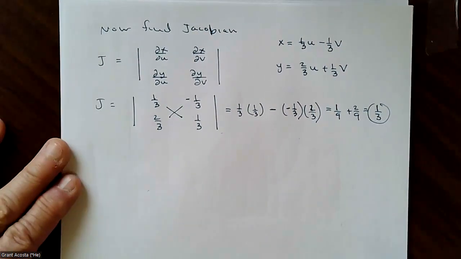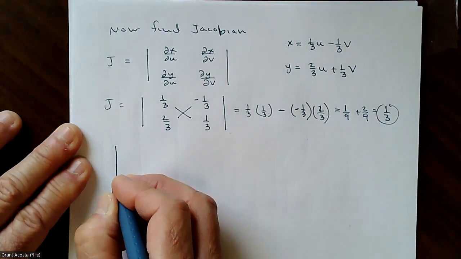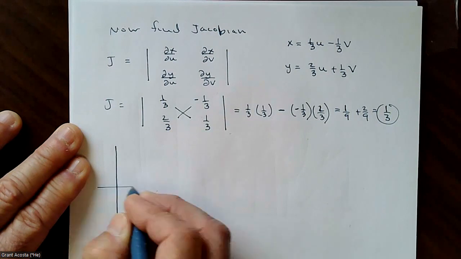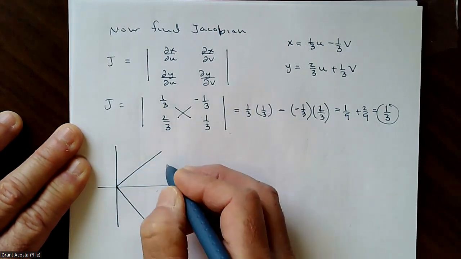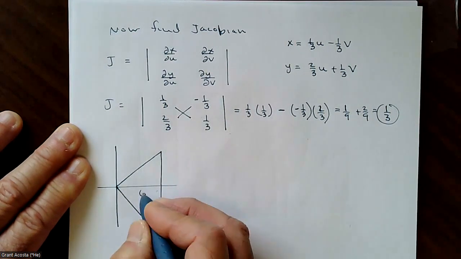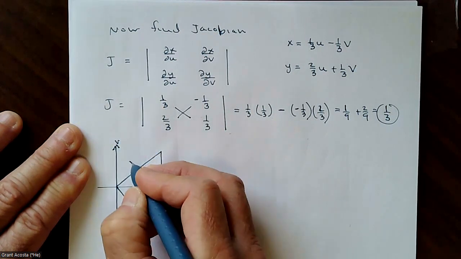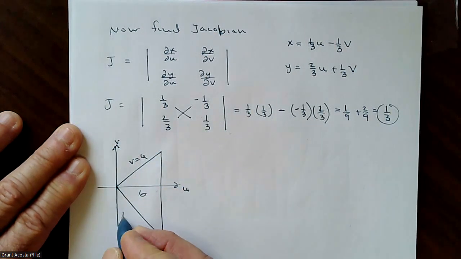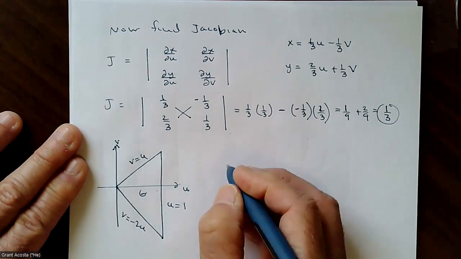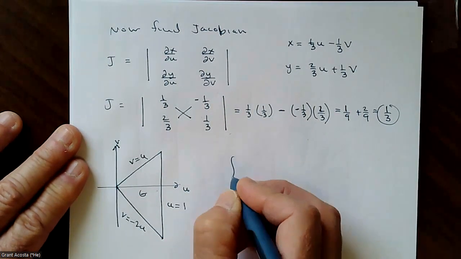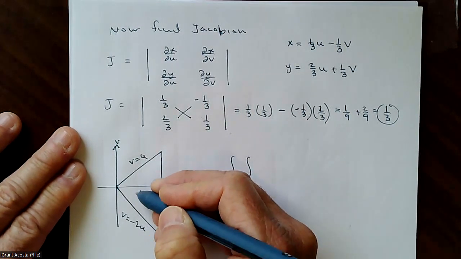All right, so we're just about there. Remember, I'll just go ahead and sketch it again. When we converted to our new region G in the UV plane, we had this. So our integral is now going to be, and so you're kind of back to sort of rectangular coordinates.